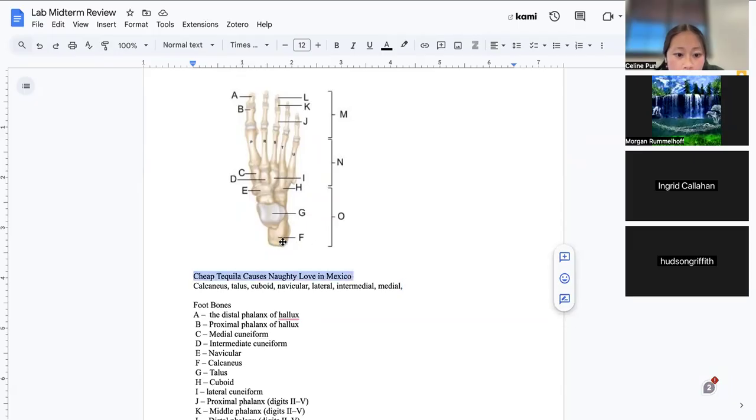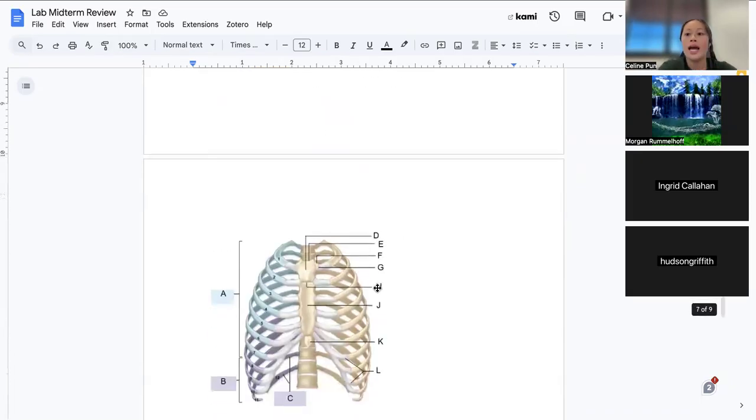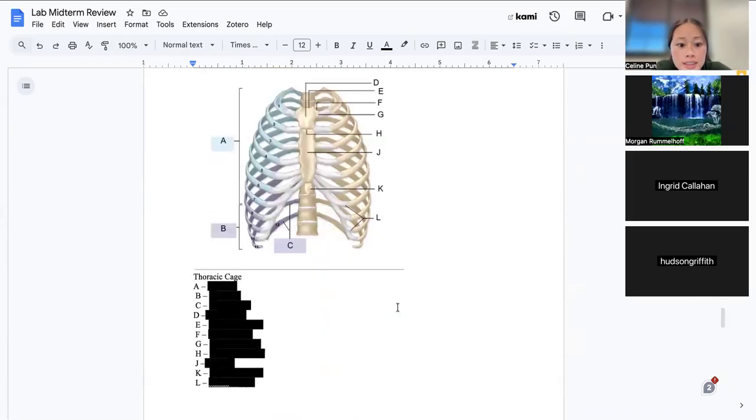Just remember this acronym. So we're here, calcaneus, cheap, tequila, talus, then cuboid is over here, navicular, and then lateral, intermediate, medial. I didn't come up with the acronym, I just learned it.